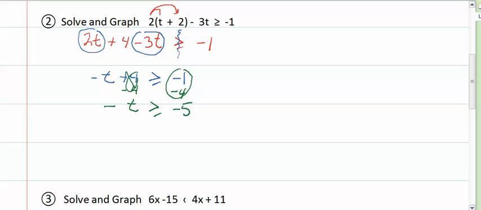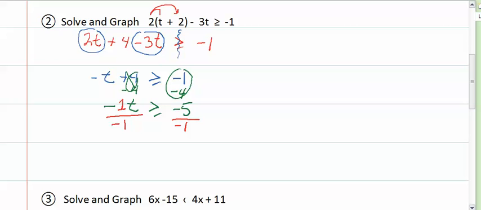Okay, remember you can never solve for a negative, so we're going to put our invisible 1 here, and I'm going to divide everything by a negative 1. What I do to one side of our inequality, we have to also do to the other side.